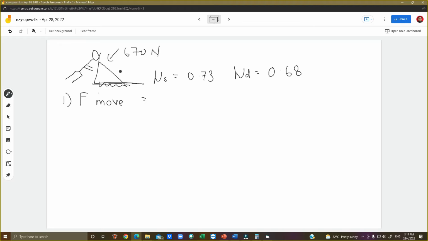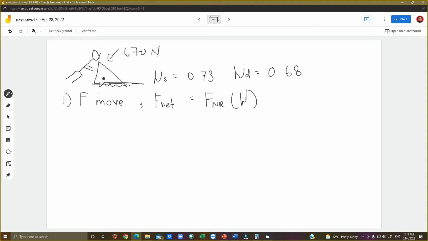Okay, so in order to do that, we need to know, ni 670 ni normal reaction force dia. Jadi kita perlu tahu berapa net force dia. Okay, we need to know how much net force is in the system. And net force is equal to normal reaction force times the coefficient of friction.